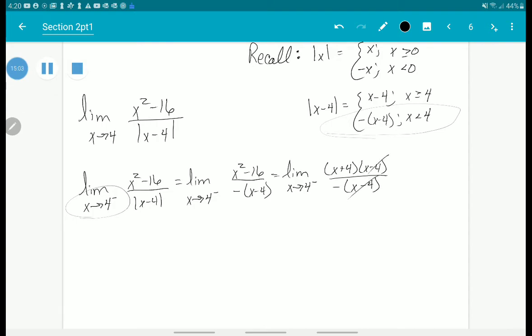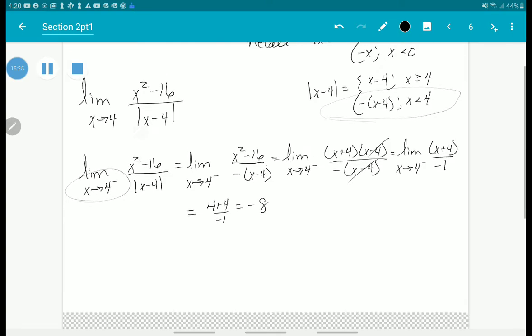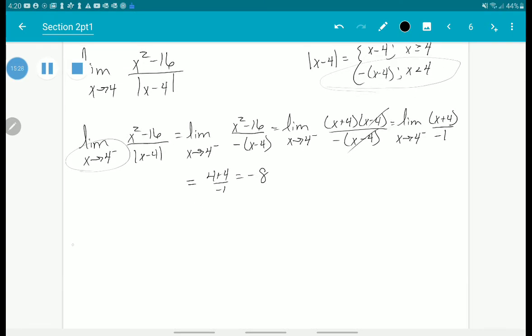And you see those x minus 4's reduce. So we could take the limit as x approaches 4 from the left of x plus 4 over that negative 1. And now if we were to substitute in, we would have 4 plus 4 over negative 1, which is negative 8, which is the same thing we got when we did this by looking at the graph.